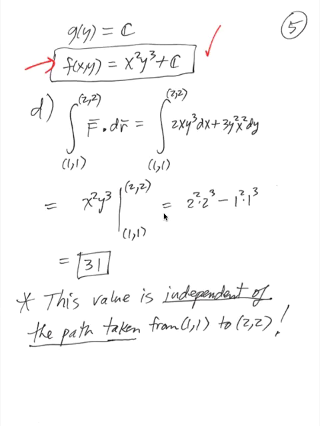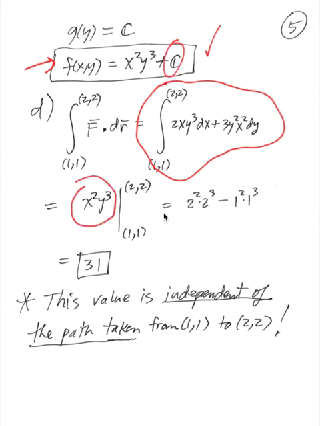All right, so all we have to do here to calculate this, by this theorem, we just found the potential function. By the way, I'm ignoring the c because it's going to drop out, right? And I'm evaluating at the endpoints of whatever curve. I didn't even say what the curve was. And then just take the difference of the two. And I got 31 out of this value. But the value is independent of the path taken from 1, 1 to 2, 2.